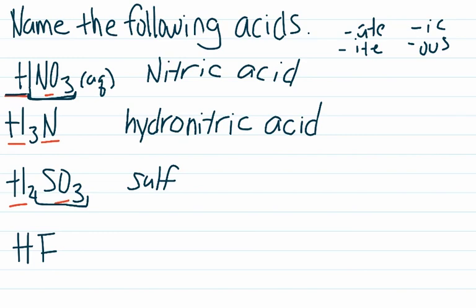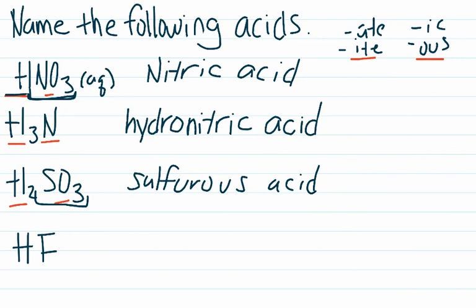So sulfite has this ite ending, which means the acid gets the ous ending. So this is sulfurous acid. Sulfur and phosphorus are kind of funny, where sometimes the base name is just sulf and sometimes the base name is sulfur. If you confuse those, it's not a big deal. If you write sulfurous acid, that will be just fine.